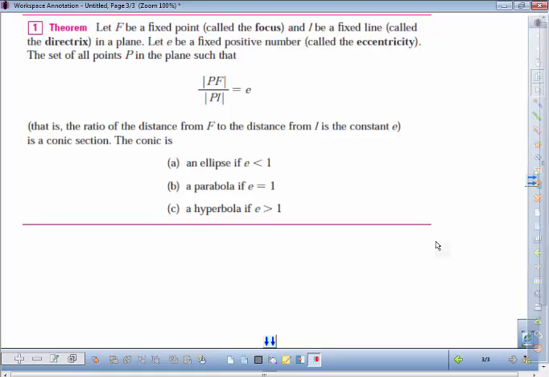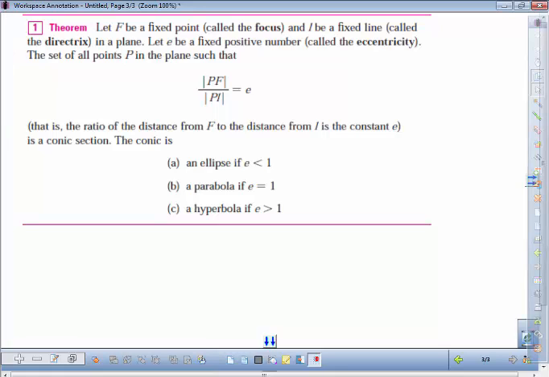Let e be a fixed positive number called the eccentricity, and then take all the points P in the plane such that the distance from the point, some random point, to the focus point, and the distance from the point to the line, have a ratio equal to a fixed number, which is the eccentricity.